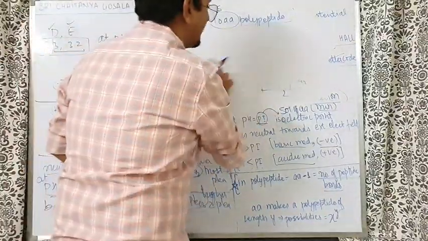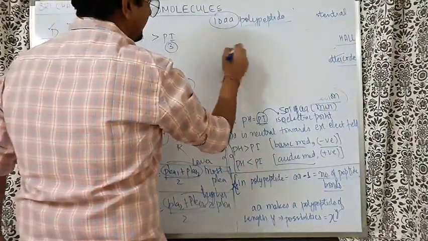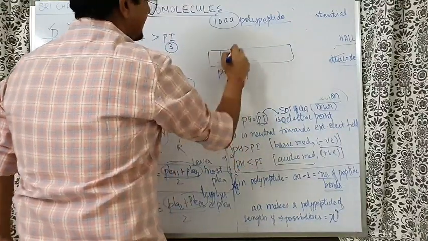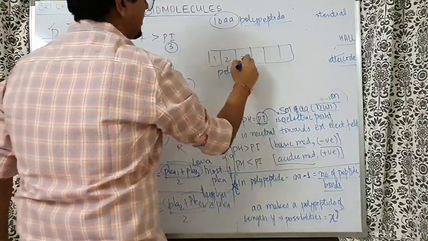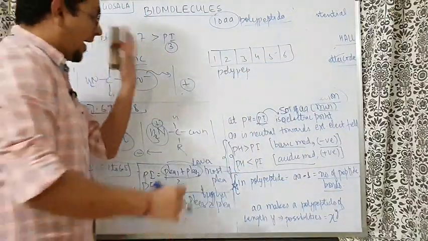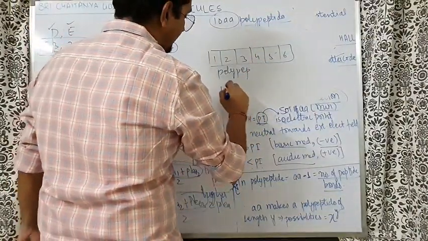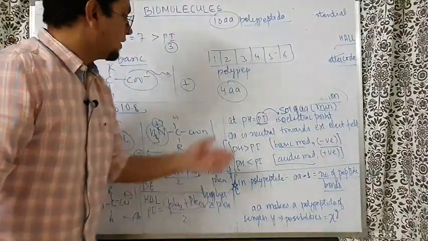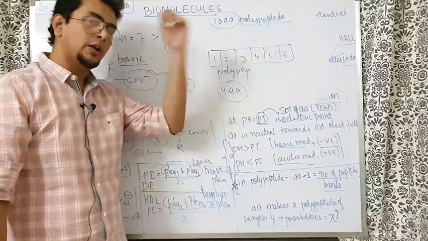Next they ask that I made a chain of amino acids, a polypeptide, and the polypeptide has 6 amino acids in the chain, and we have 4 amino acids from which we have to make the polypeptide.